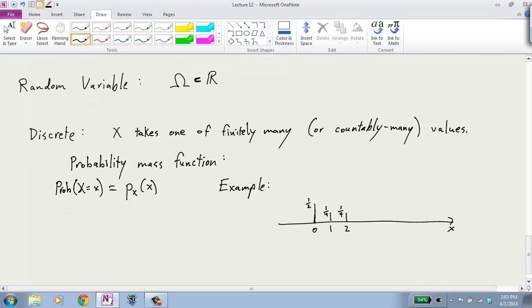Suppose that you're told that the probability mass function that represents x's probability mass function is the following function that I've drawn out here.